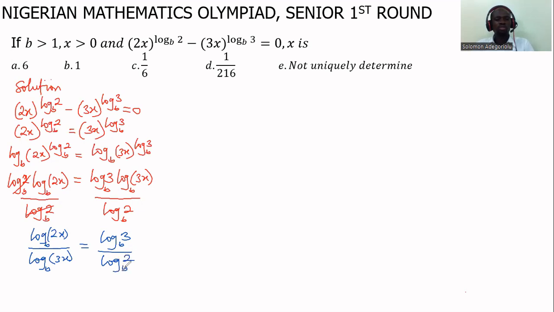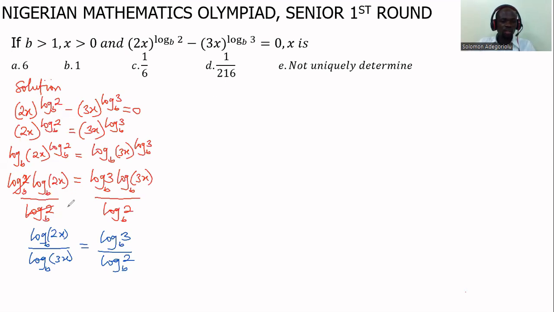Okay, and also one of the laws of logarithms states that when you have log AB, it simply means that you expand that, it becomes log A plus log B. I believe we can remember this. So we're going to apply that rule here. In applying that rule here, it will help us to simplify the equation we have and to be able to proceed with the solution.